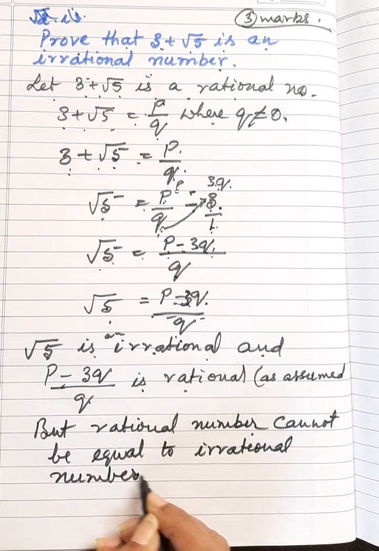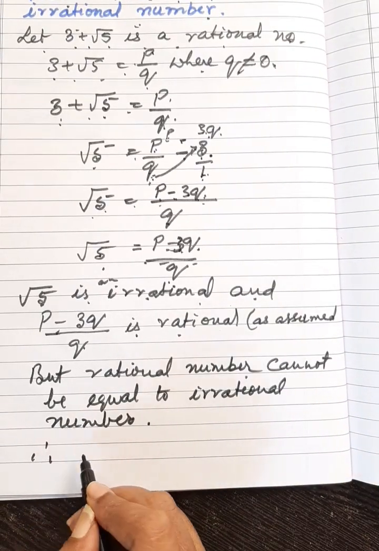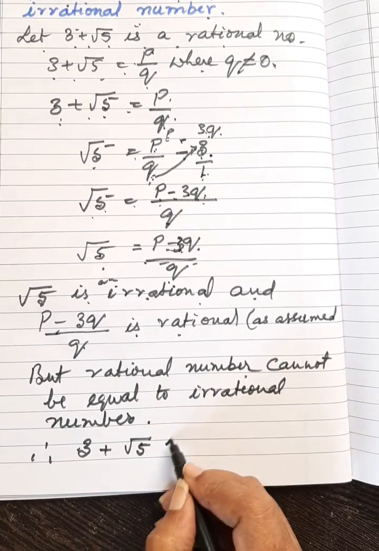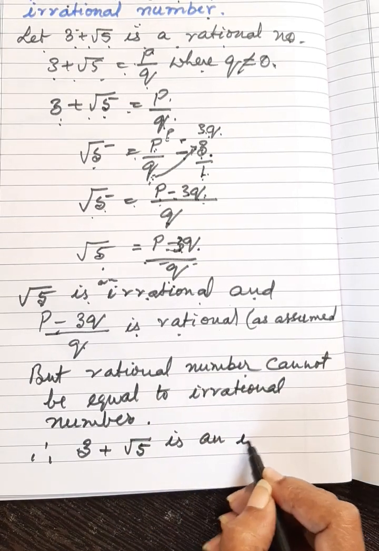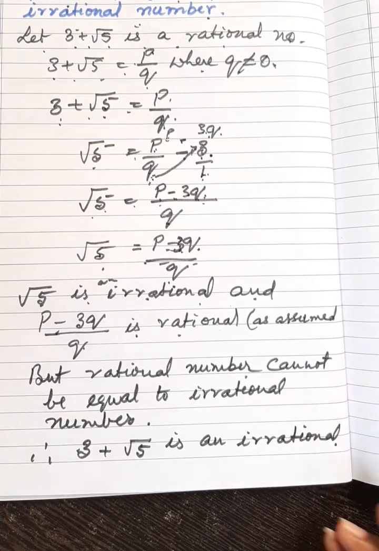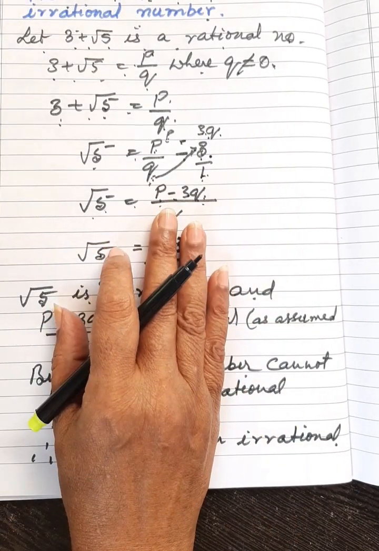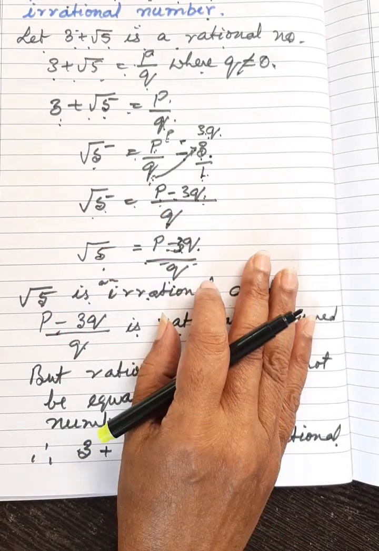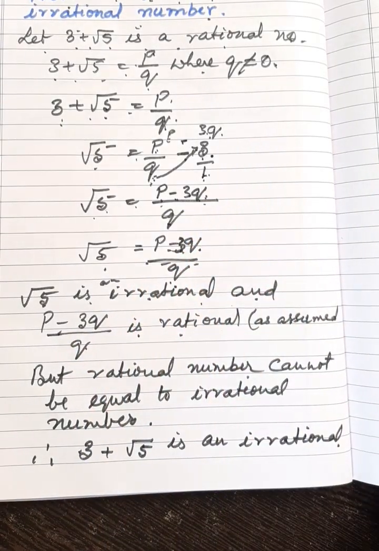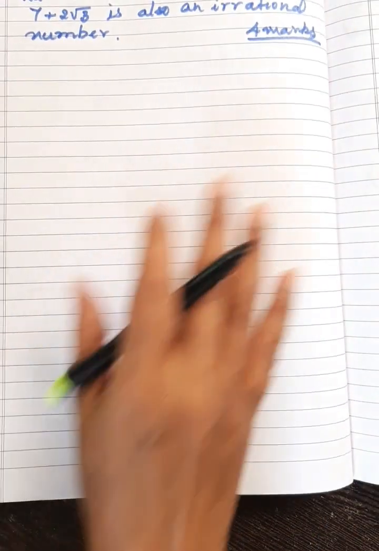So, therefore, 3 plus root 5 is irrational. So, this is a 3 marks question. It is easier than the previous problems. So, prove that 3 plus root 5 is an irrational number. Like this way you should prove.